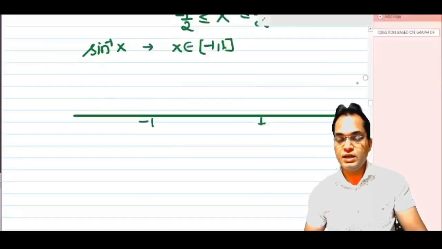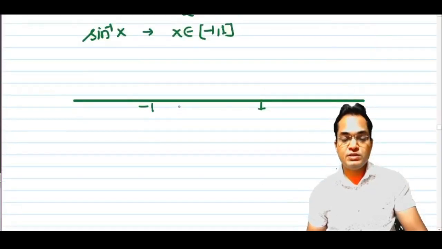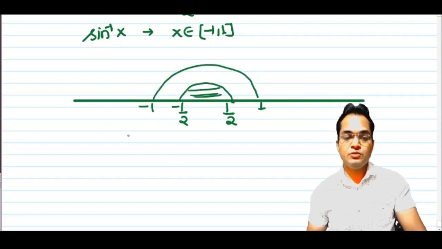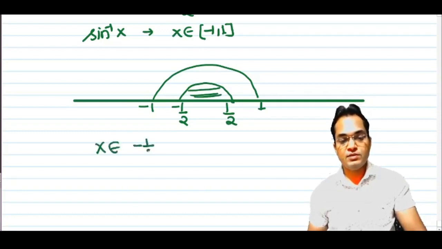Got it? And the other 2 points, -1/2 and 1/2. The first answer is this, or you can say d2 is this, and d1 is this. Then what is common? This part is common. Then the answer to your question, the domain, is -1/2 to 1/2.